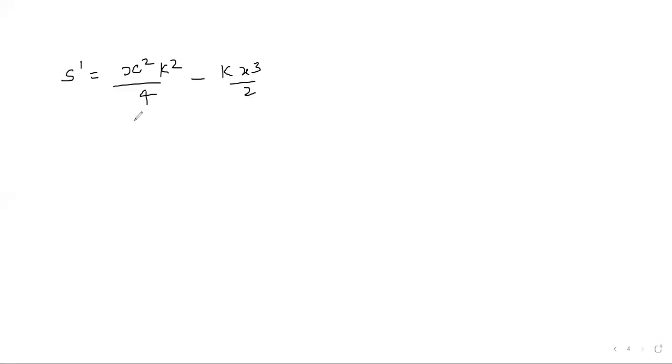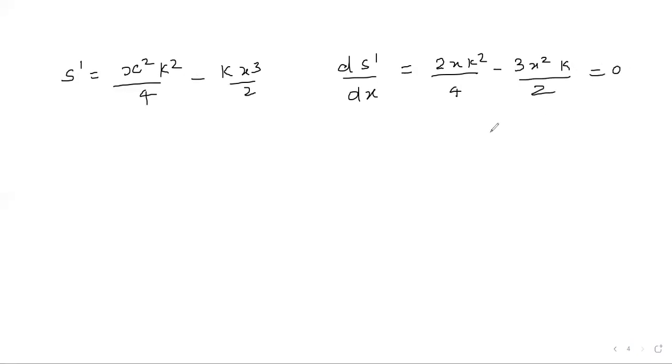Now we differentiate it with respect to x. So dS dash divided by dx equal to, x square will give 2x k square divided by 4 minus, this will give 3x square times k divided by 2. We put this equal to 0 to get the value of k. So 2x k square divided by 4 equal to 3x square k divided by 2.